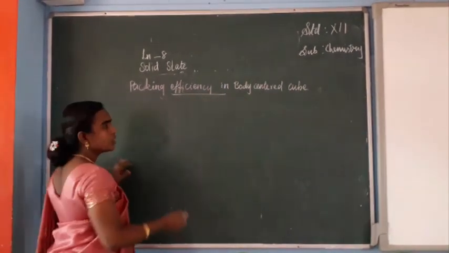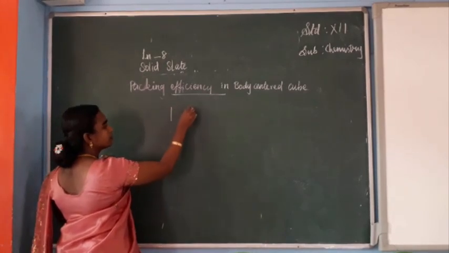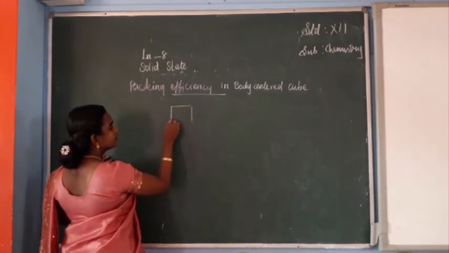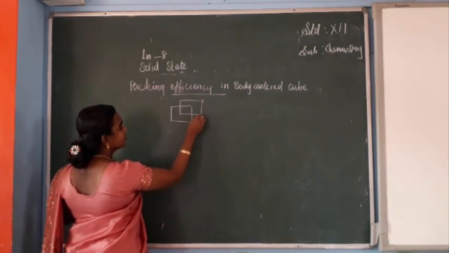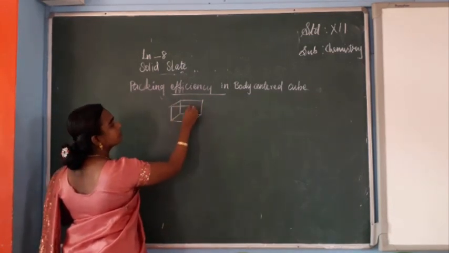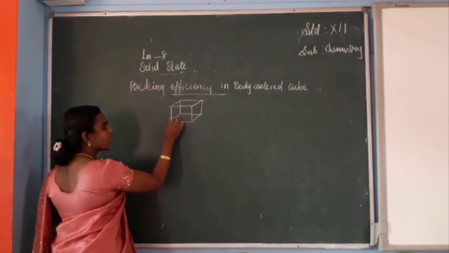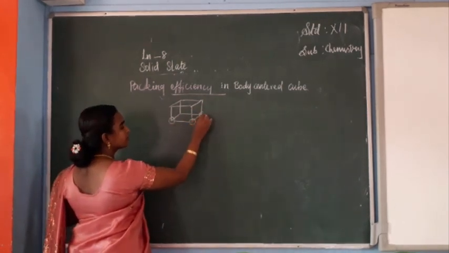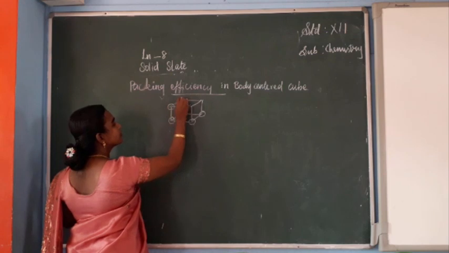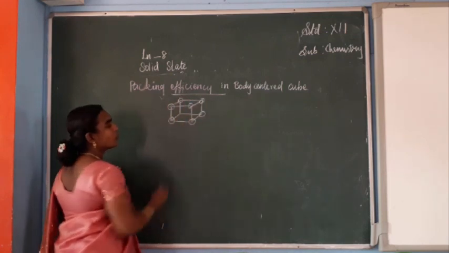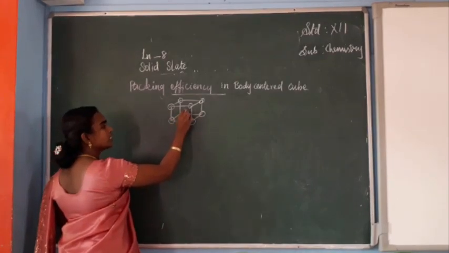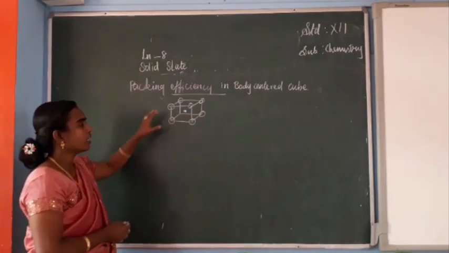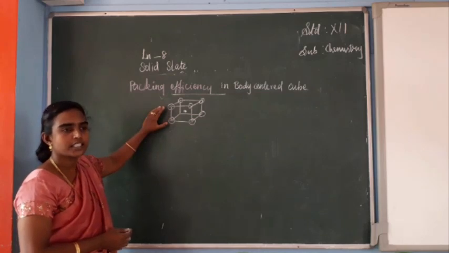Body-centered cube, so it is like this. Along with the corner atoms, one more atom is present at the center of the cube here, isn't it? This type of arrangement is called a body-centered cube.